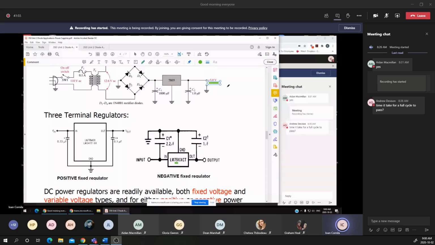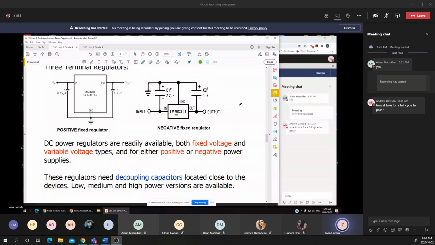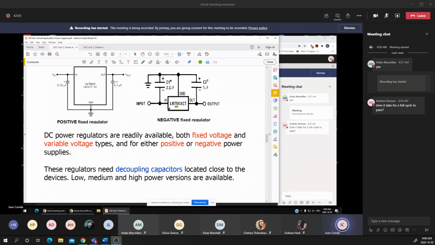Now we may see fixed voltages, and the 2 letters in front of the numbers are most of the time based on the manufacturer. We may see different letters like LM, NE, MC, depending on the manufacturer. It's not critical to determine the first 2 letters. It's just the manufacturer.